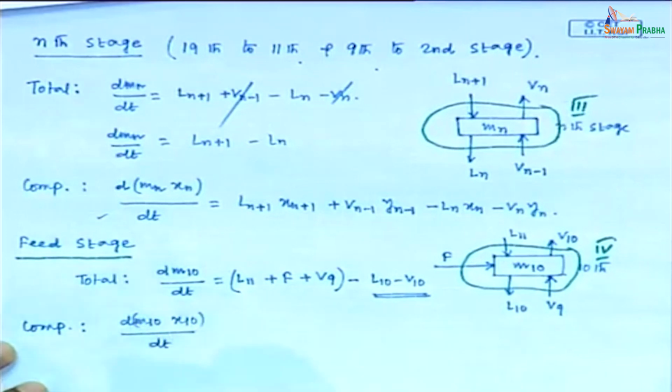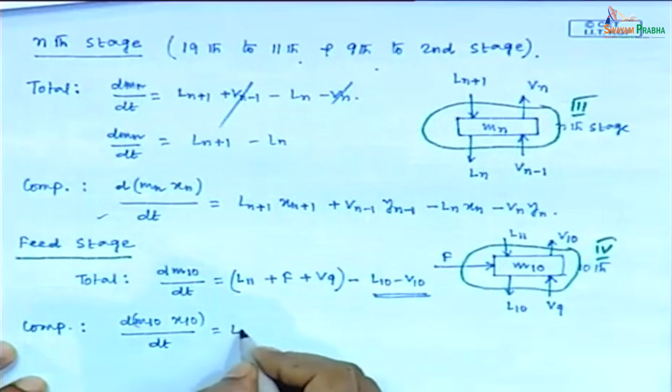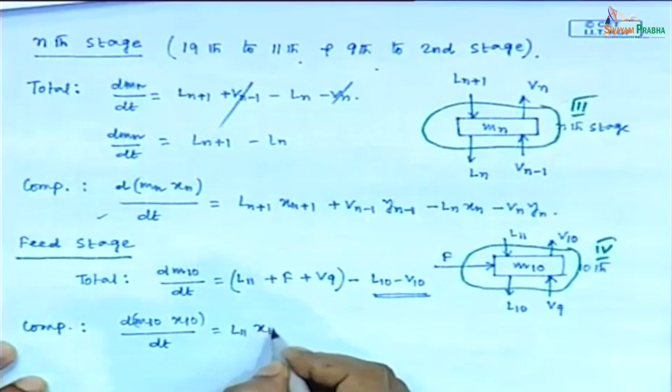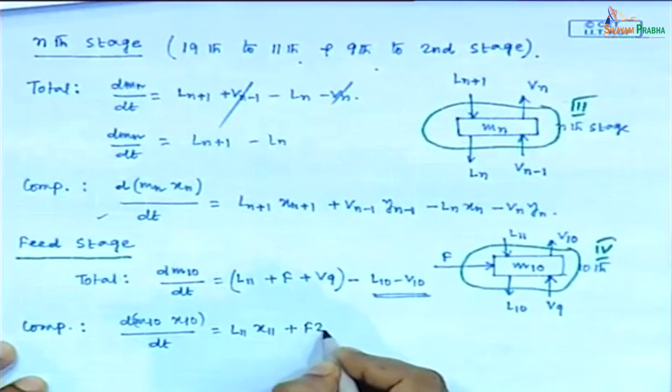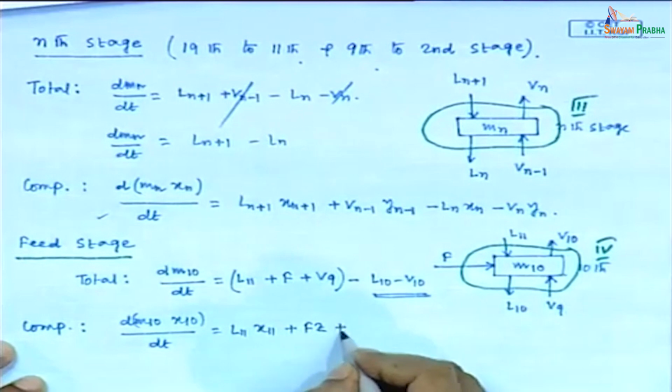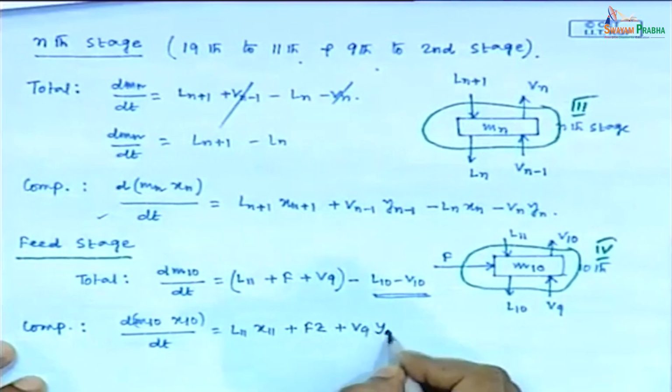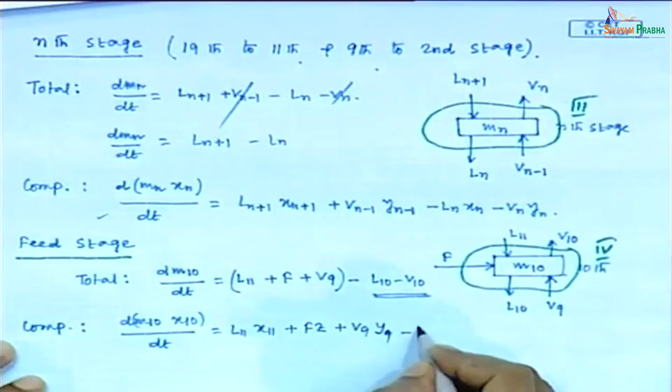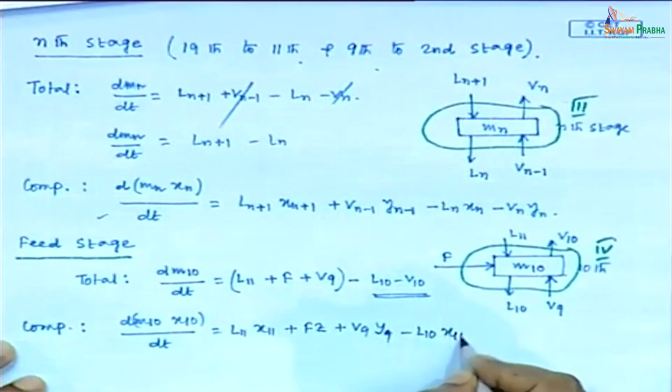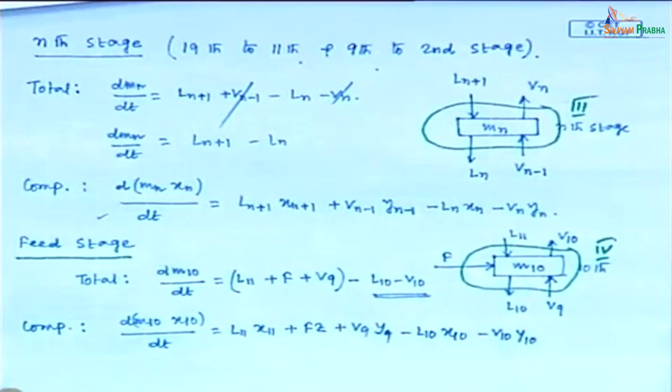So, d(M10 x10)/dt equals L11 x11 plus F, feed composition is Z, plus V9 y9 minus L10 x10 minus V10 y10. This is the modeling equations for the feed stage.